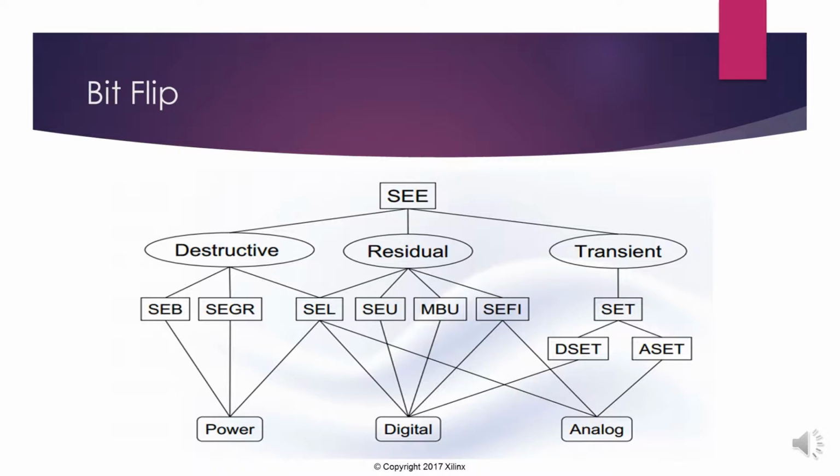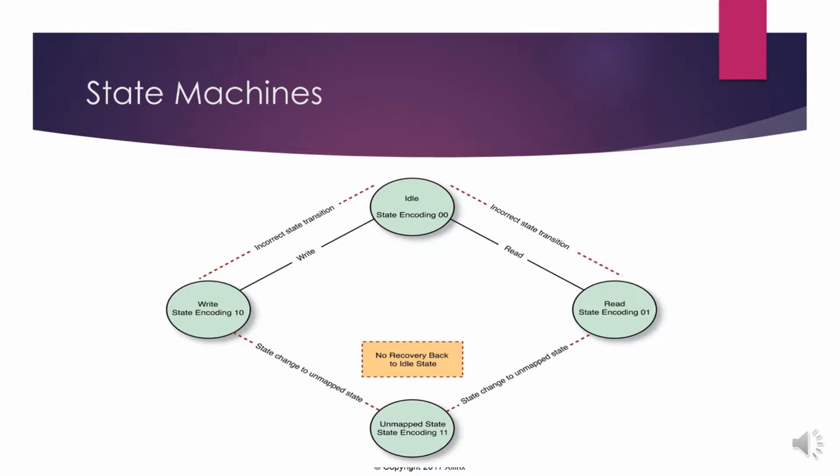And how this can work is, we can have some issues with things like state machines where we can get a bit flip. So if you look at this example here, we have an idle, a read and a write state machine, and they're quite happily cycling around the three states, doing reads and writes all day long. Now, if a bit flip occurs from a valid state to another valid state, that's just an incorrect state transition.